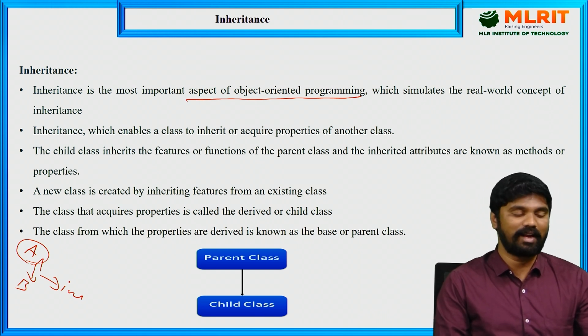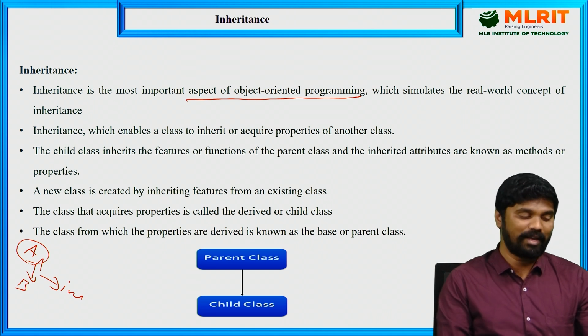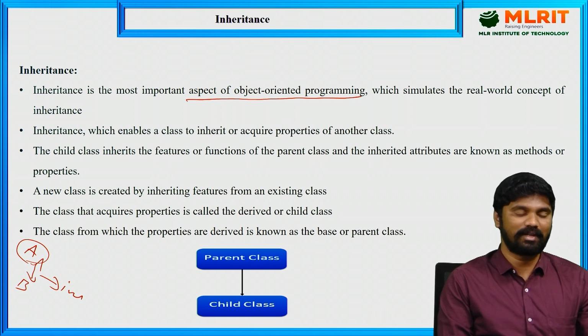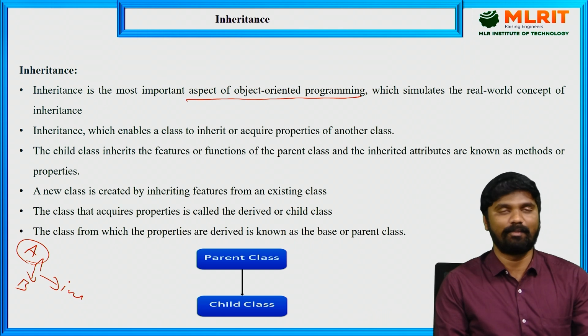Whenever class A and class B have a parent-child relationship, the child class B can access the properties and behavior of class A. So this is inheritance.